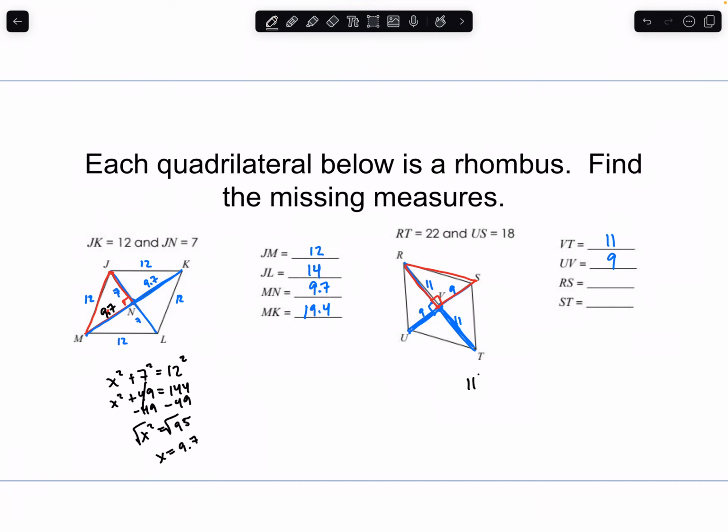So I have 11 squared plus 9 squared equals, let's call this variable x squared. 121 plus 81 equals x squared. 121 plus 81 is 202. When I square root both sides, x equals 14.2.